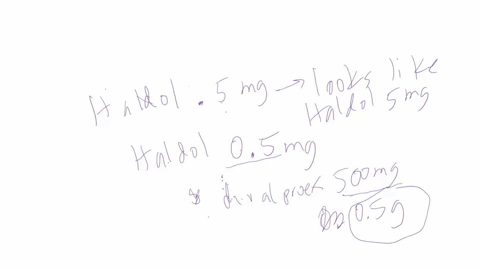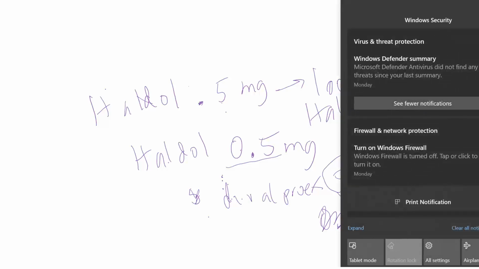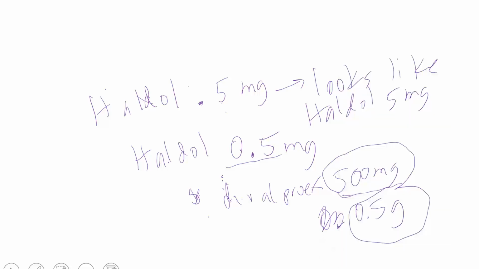That's why you would say 500 milligrams. That would be preferred over using the decimal point. If you have to use a decimal point because it's a small dose, 0.5 milligrams, then you want to use a leading zero, but you don't want to use a trailing zero to make it look like it's a higher strength.